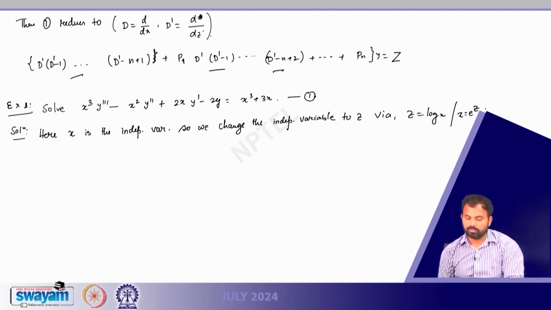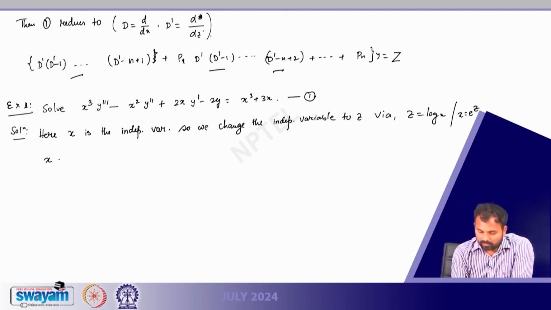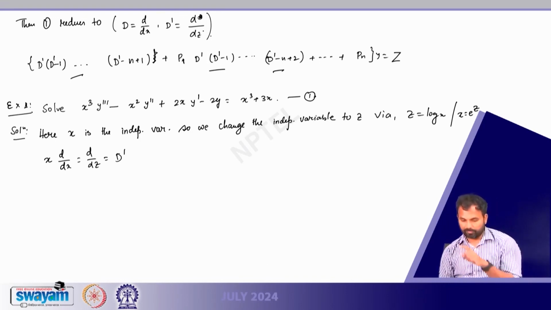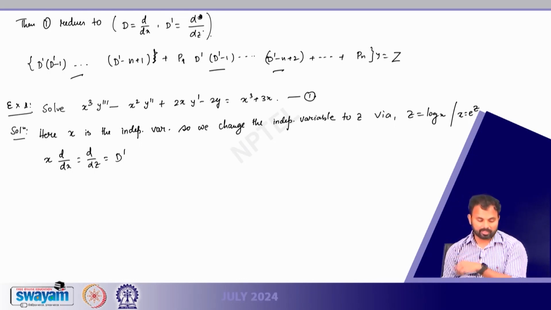Obviously, x d by dx will then be d by dz, or D dash basically, and similarly for x square d square by dx square and x cube d3y by dx3, we can obtain the expressions.